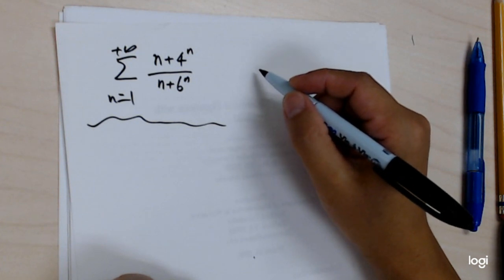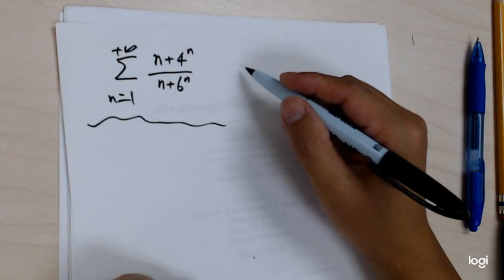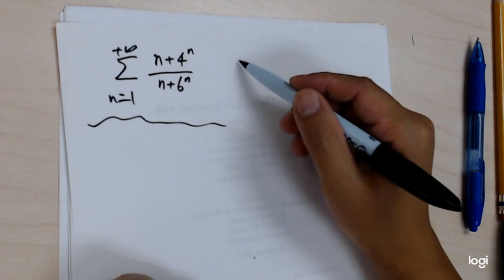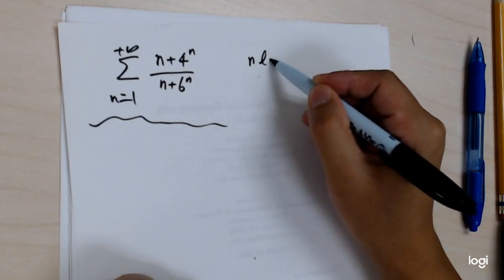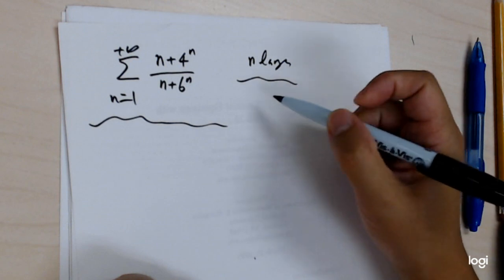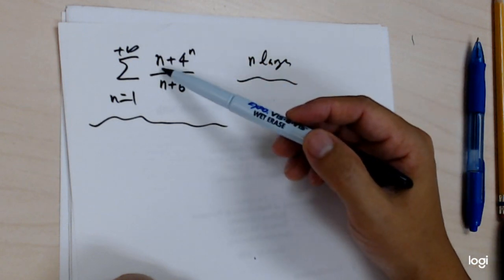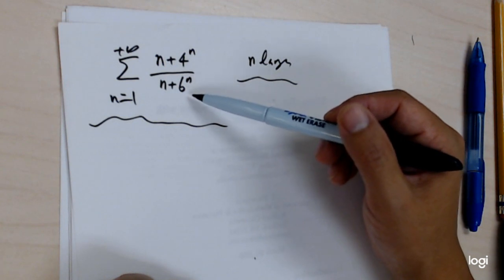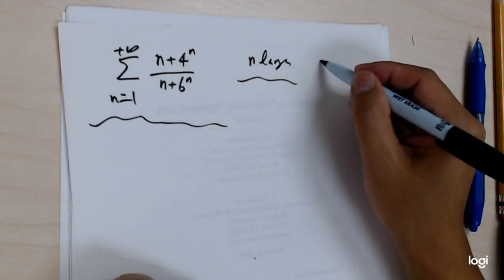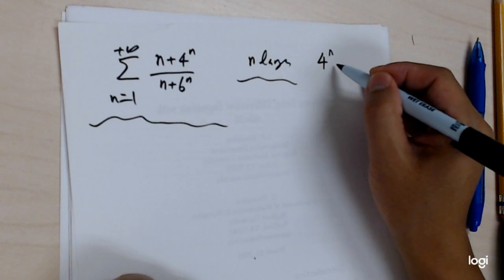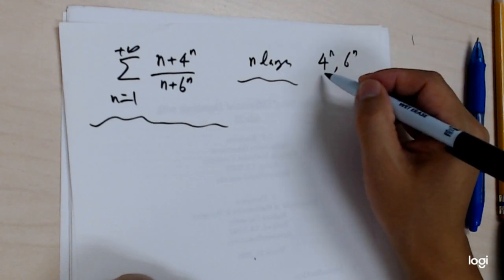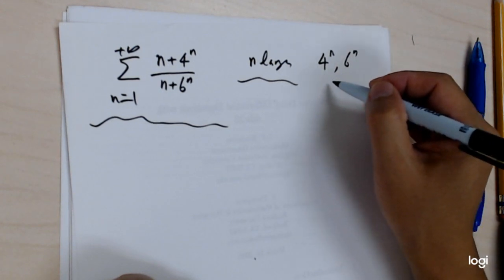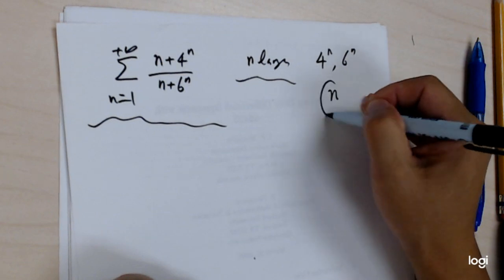To do the limit comparison test, you have to come up with something to compare with, and you have to ask yourself what happens when n is large. Well, when n is large, 4 to the power of n and 6 to the power of n are all going to be large. But we can easily tell that 4 to the power of n and 6 to the power of n, these are power functions that will be much, much larger than n.